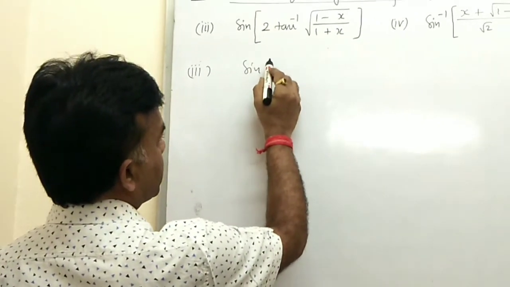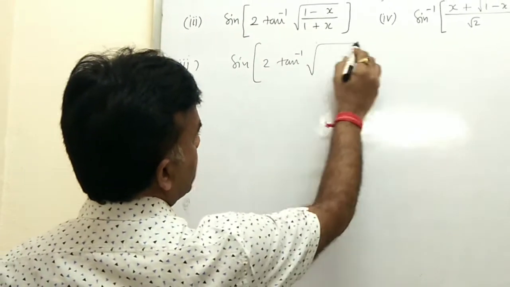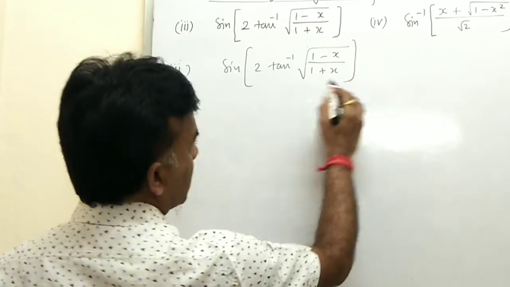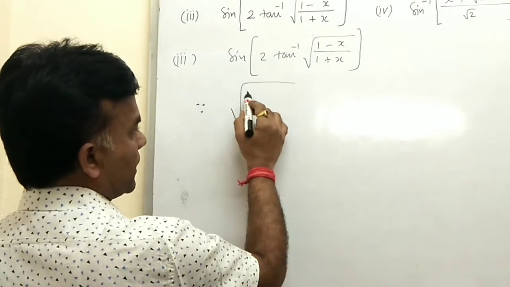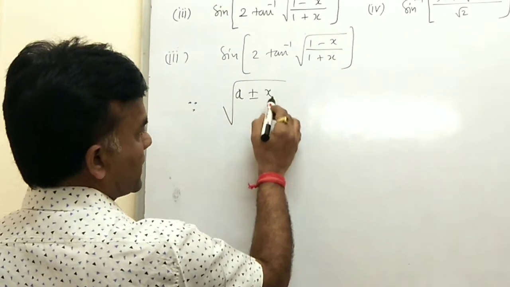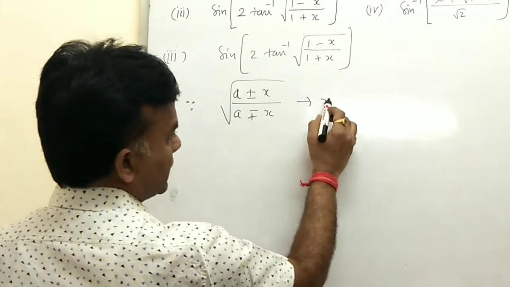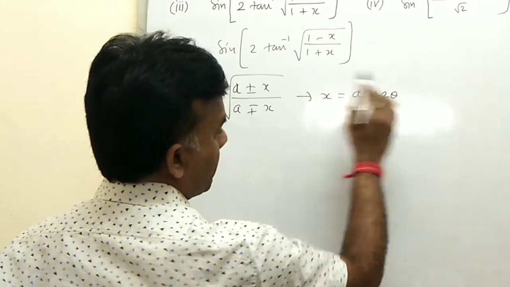Sine 2 tan inverse under root of 1 minus x upon 1 plus x. Okay, we know that according to the formula, if a square root with a plus minus x or a minus plus x is given, then x equals a cos 2 theta.